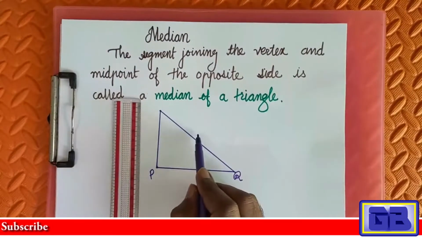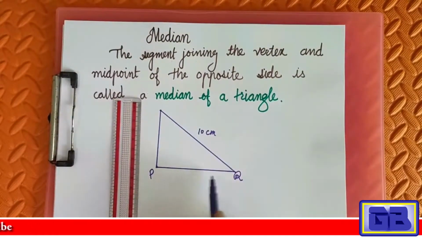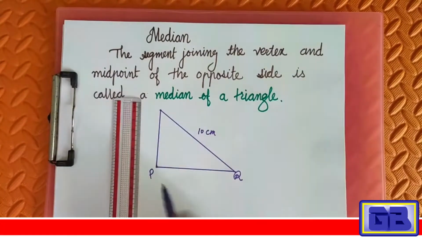It means we know only this side, 10 centimeter. We have taken any measurement for the other two sides.